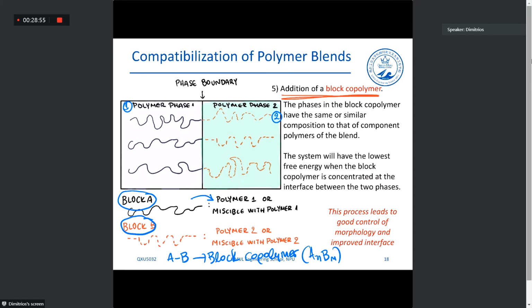compatibilization of the polymer blend, because this system has its lowest free energy when the block polymer is concentrated at the interface. So when this block A does not pass into phase 2, it stays in phase 1 while block B stays in phase 2, and that leads to the lowest free energy.